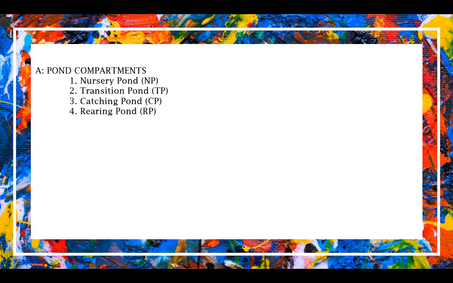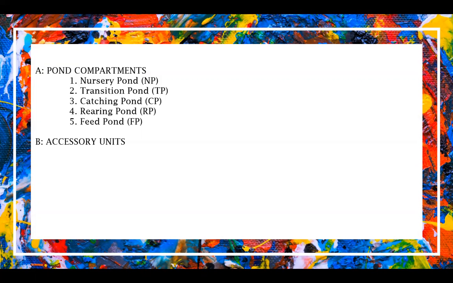This compartment is used to grow fingerlings up to marketable size. The last compartment is the feed pond or FP, intended for the growing of natural food. Those are the common pond compartments in the fish pond.